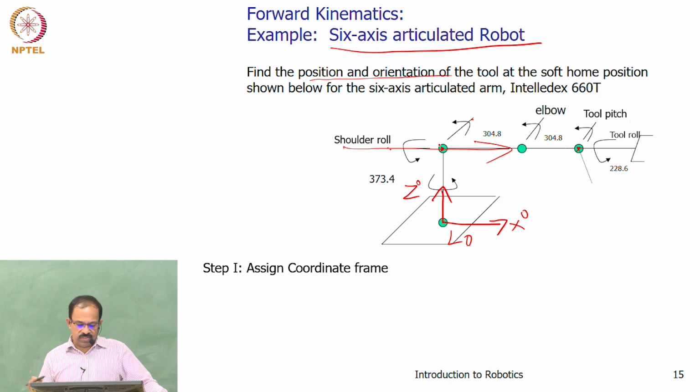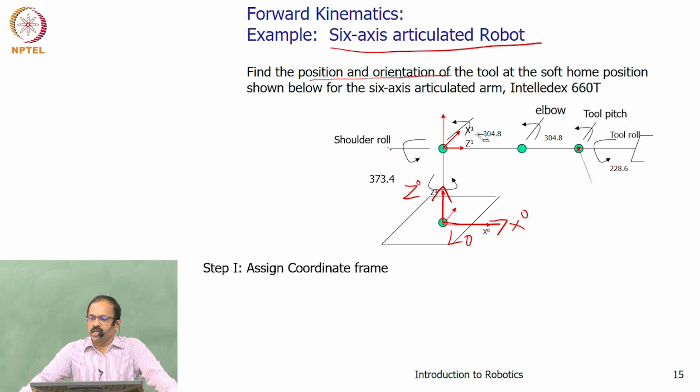Follow the same rules, and you will be getting the coordinate frames. I am assigning this as the Z1 axis and you have the X1 and Y1, because X1 should be orthogonal to Z0 and Z1, and therefore you take X1 in this direction and then you assign Y1.